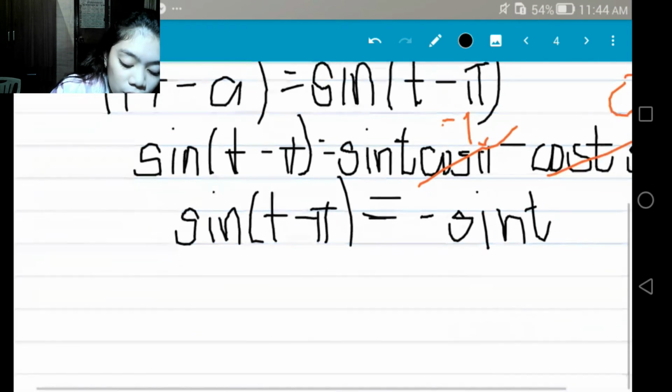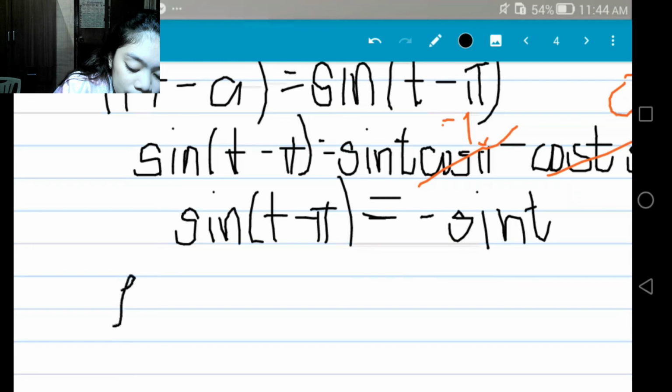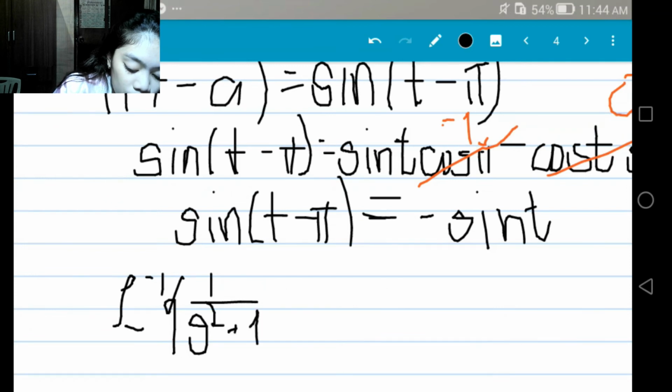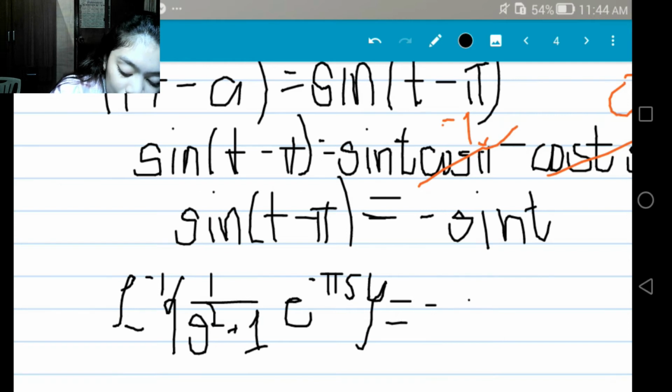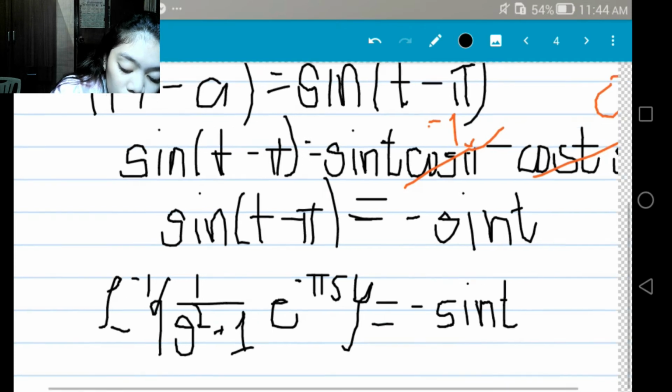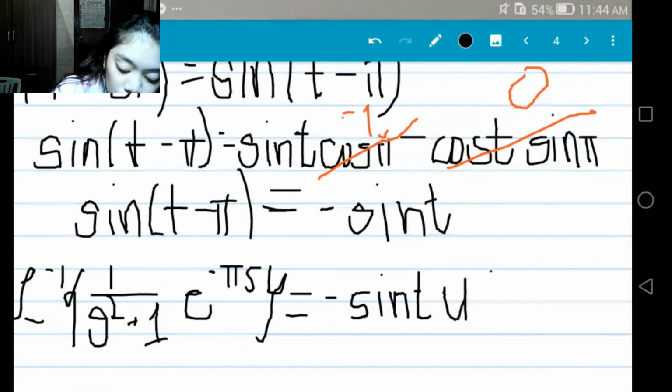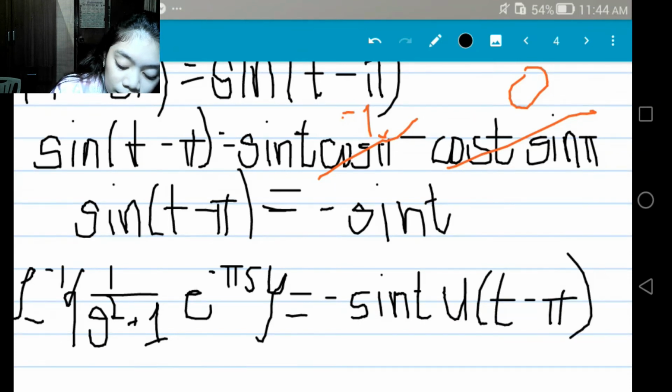Substituting it to our equation, we will have the Laplace inverse of our given 1 over s squared plus 1 multiplied by e raised to negative pi s will be simply equal to negative sine t u of t minus our a, which is pi. Now, this is our final answer.